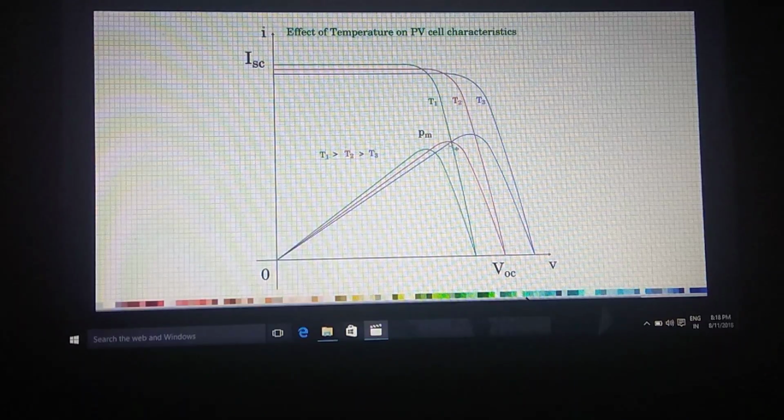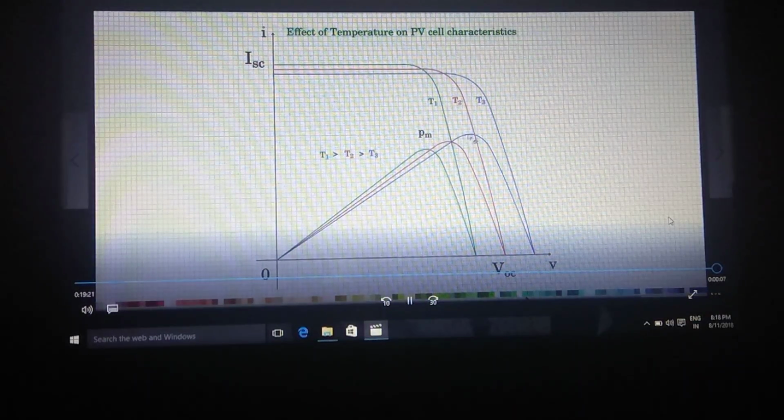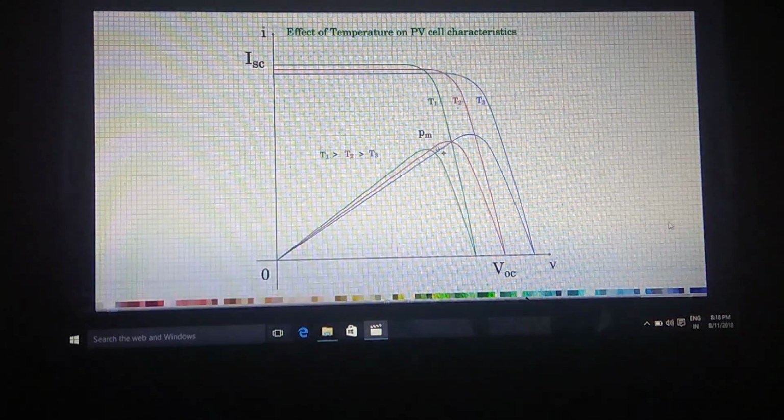So as the temperature is increasing, you will see that the peak powers reduce like this. This is also corroborating what we just studied, that VOC decreases with increase in temperature. ISC, short circuit current, increases with temperature, and its product, the peak power, decreases with temperature.